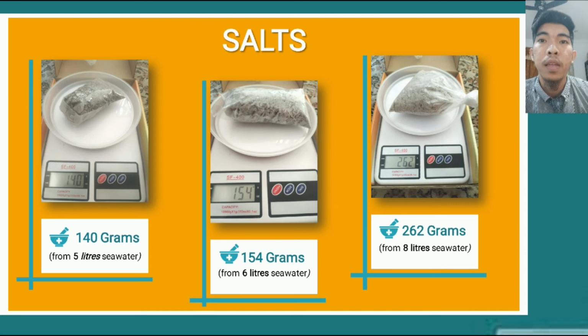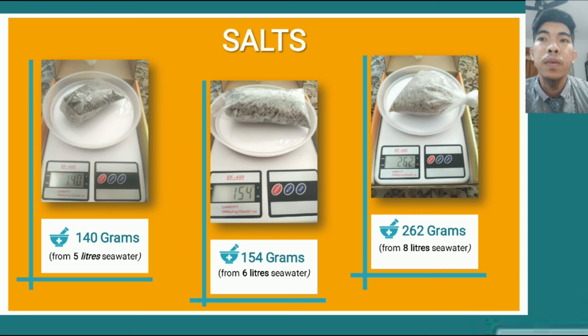At the end of the process, the water vapor is collected in a jug, and the salt that remains in the pressure cooker is scrubbed off and collected in a plastic bag. Then the salt is measured using the digital weighing scale, as you can see.